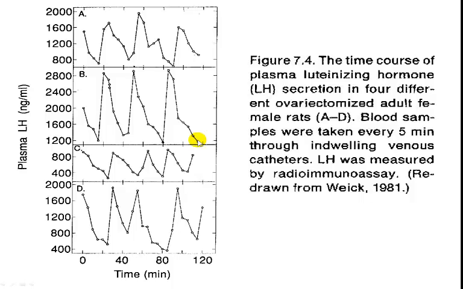The rate of the water going into the bathtub versus the rate of the water going down to the plug or the drain will determine the level of the water in the bathtub at any one point in time. So most likely the clearance rate of LH will have stabilized at maybe a new higher level, depending upon how long these animals have been ovariectomized.